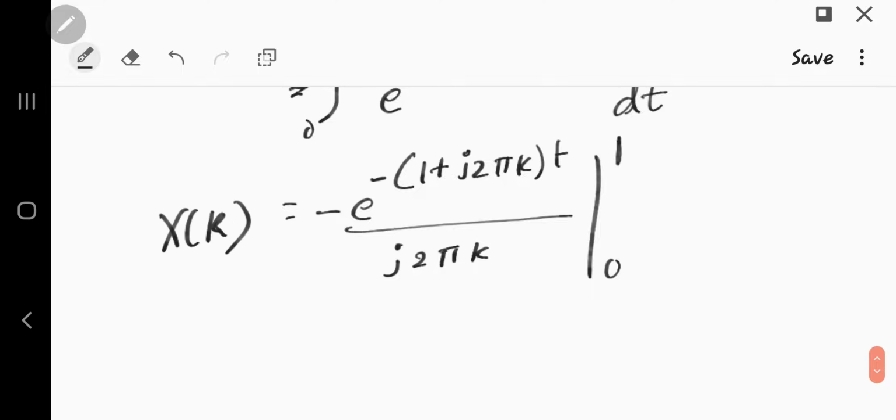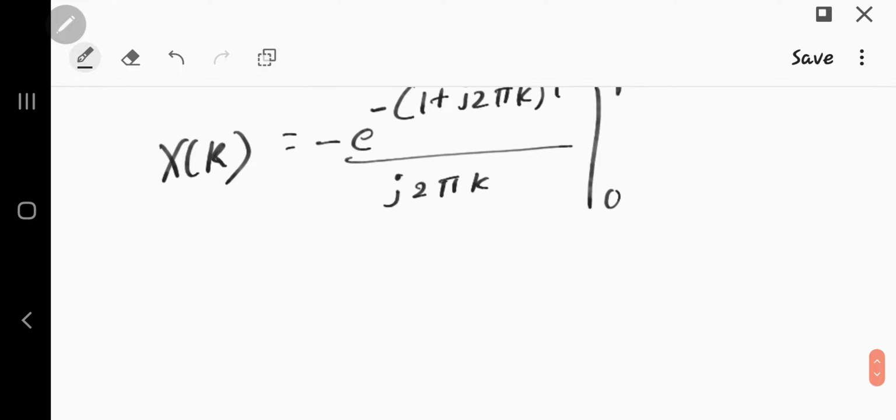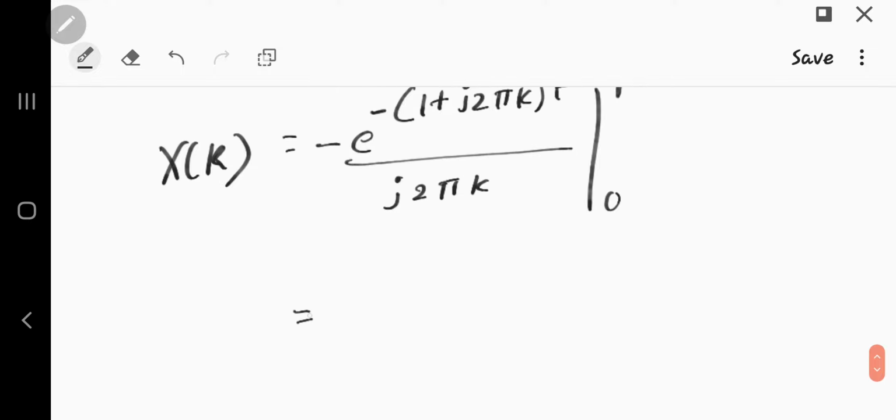You can go with the synthesis equation also to find it. Anyhow, I am showing you both of them. In the previous two problems, I took the synthesis equation. Here, I am taking the analysis equation. So you can take both and apply them, but for these kinds of signals, it will be better to go with the analysis equation.